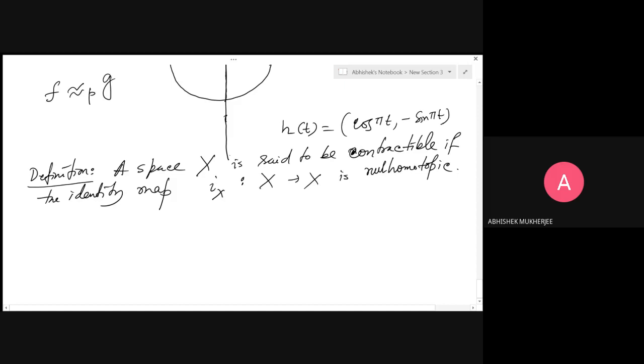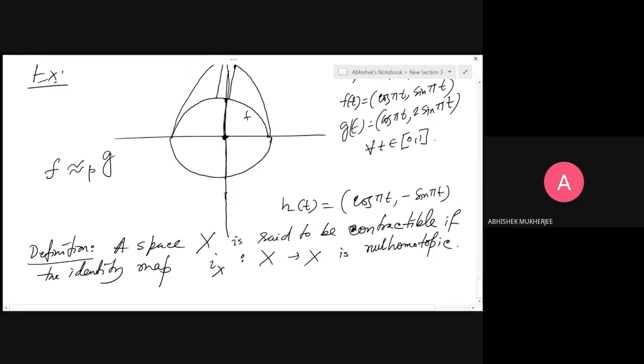In view of straight line homotopy, you can have straight line homotopy in convex spaces, because in convex spaces you can draw lines between two points.